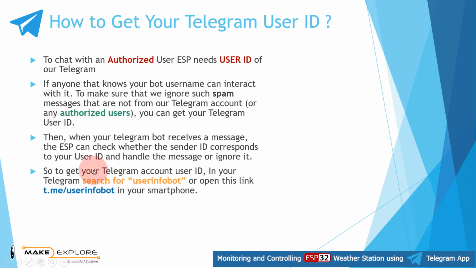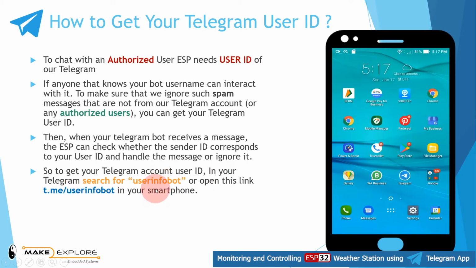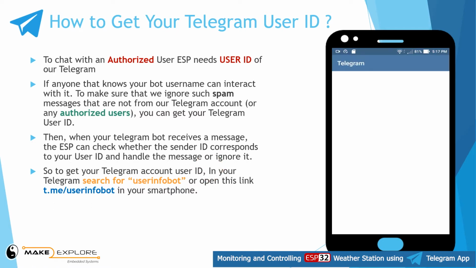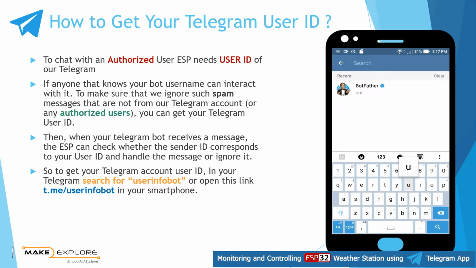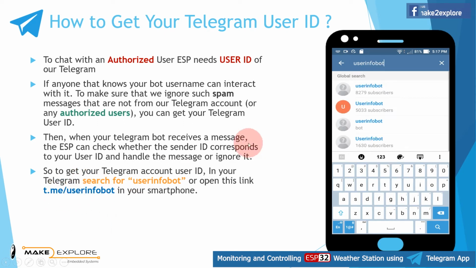To get your Telegram user ID, you have to search for userinfobot in Telegram. You can see here. Just first open Telegram, and in the search bar search for userinfobot, or you can open this link. Okay, this one is the userinfobot. You have to click on that.